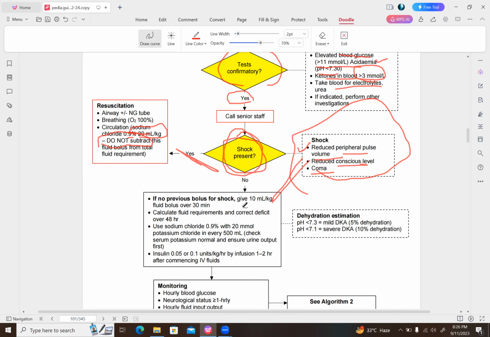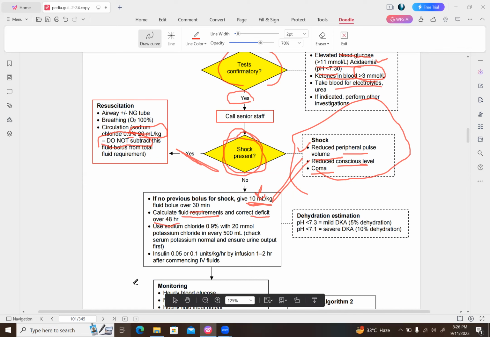Similarly, if the patient is not in shock, you give a 10 ml per kg bolus over 30 minutes, but you have to subtract this at the end from the fluid you are going to give. You then calculate the fluid requirements and correct the deficit over 48 hours.